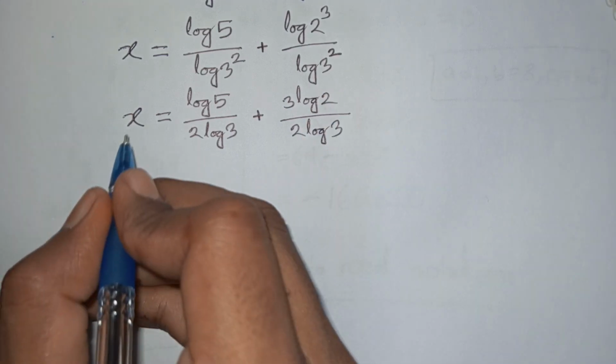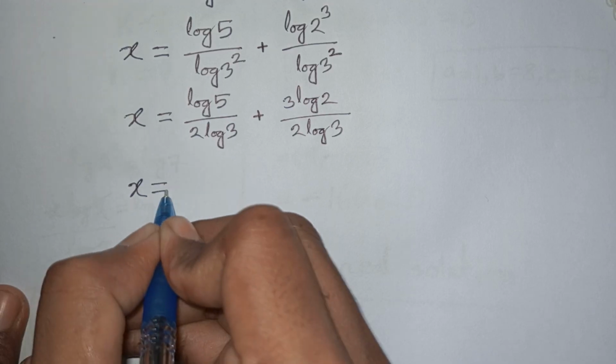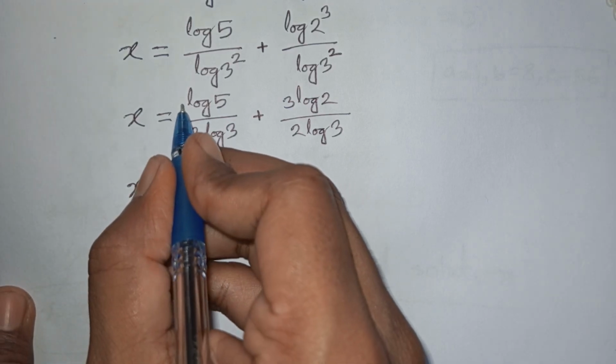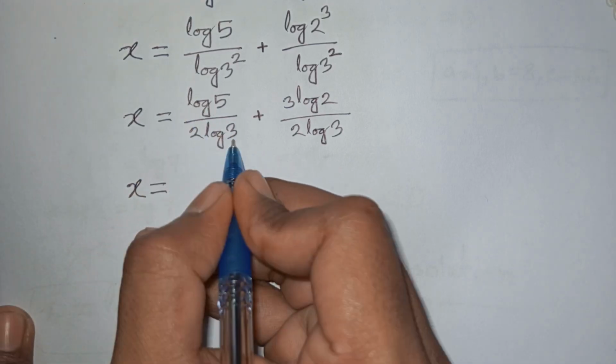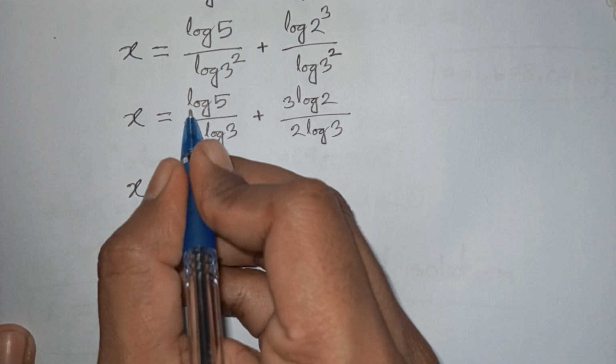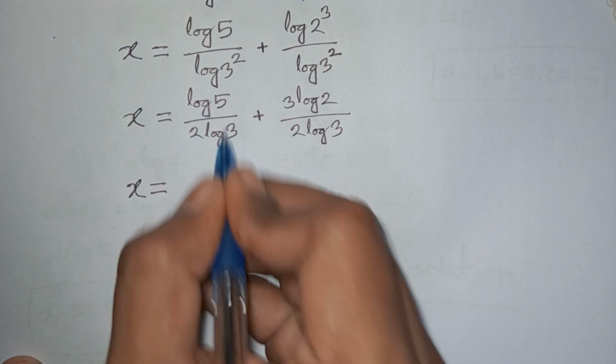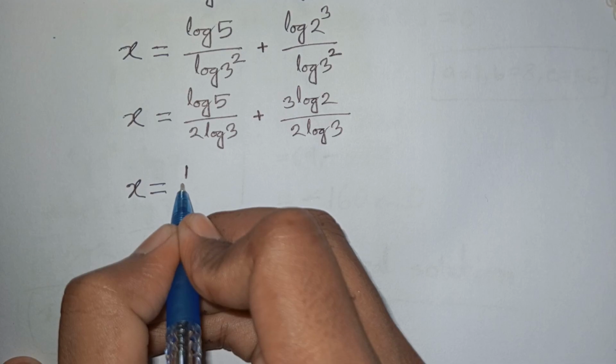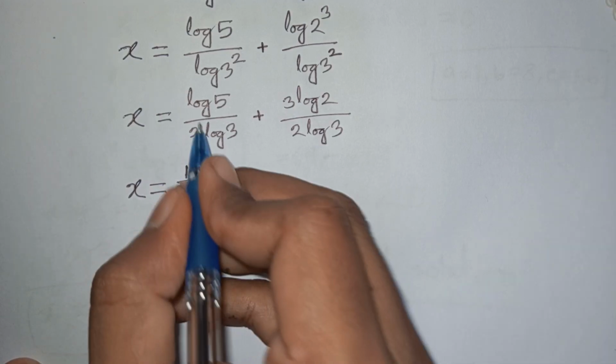In the next step x will be equal to log 5 divided by 2 log 3, so it can be written as here 1 over 2.